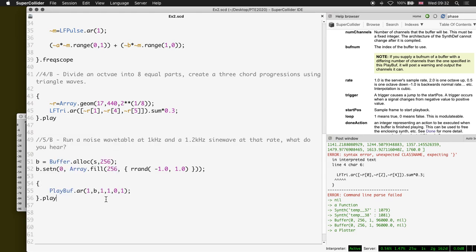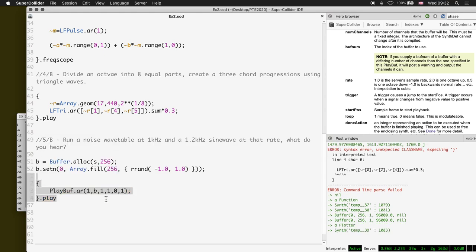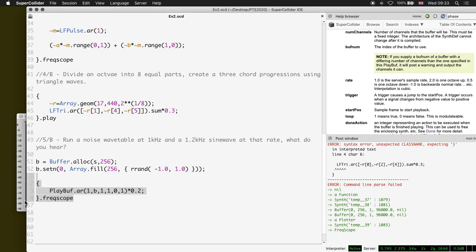Play the function like that. Great. Let me make that a bit softer and let's look at the scope. So one of the things that you've heard, first of all, is that it's not a noise signal as we perceive it. It actually has a very clear pitch.